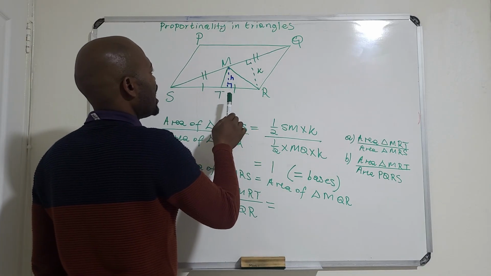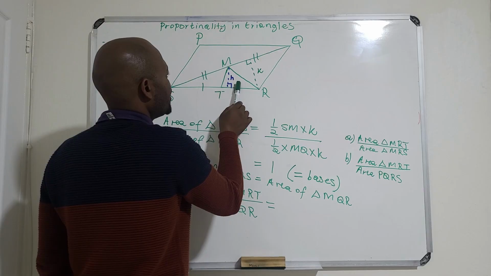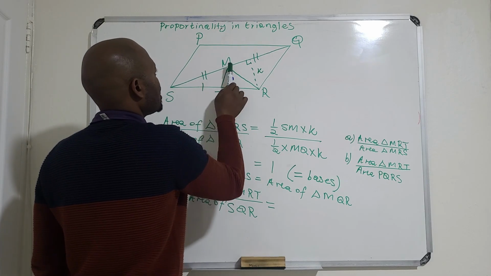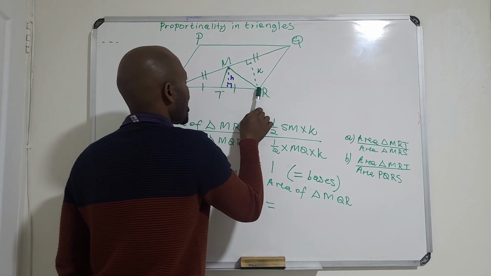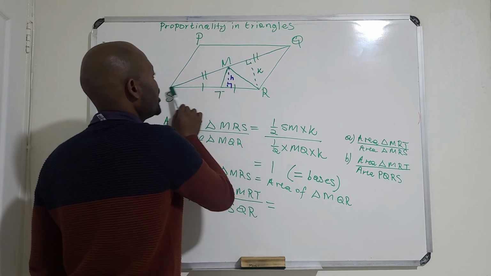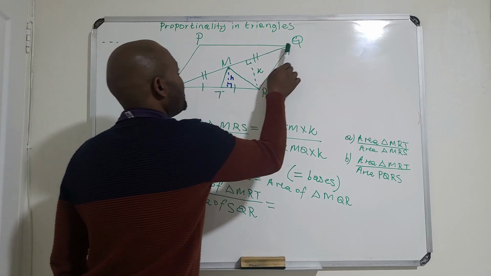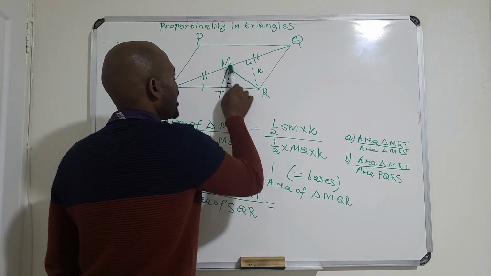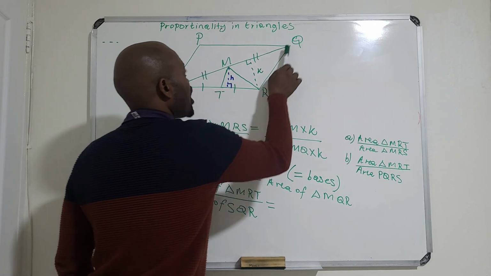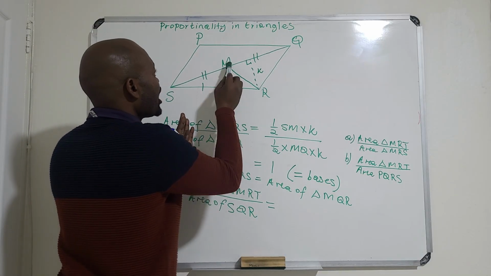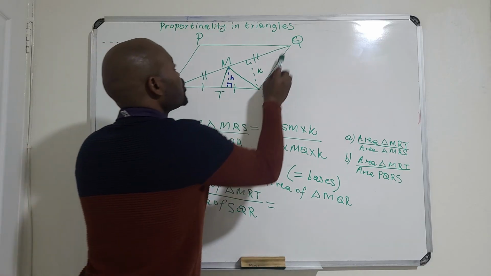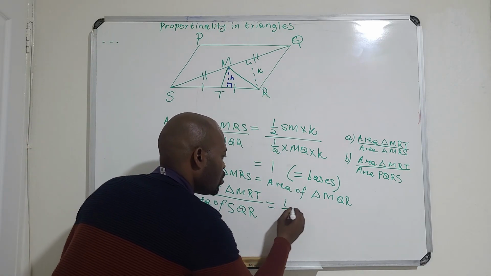So it means that I can have 4 of these triangles, because the area of this triangle over the area of this triangle is half. Even the area of this triangle over the area of this triangle is half. Therefore, the area of this triangle over the area of this triangle is 1/4.